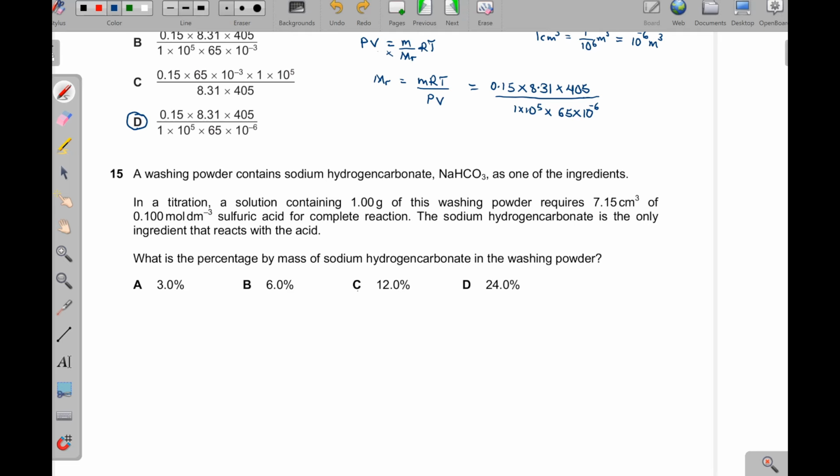Now let us write the equation of reaction. You have sodium hydrogen carbonate, just like sodium carbonate. It will react with sulfuric acid to produce a salt, which will be sodium sulfate, then plus carbon dioxide and water.